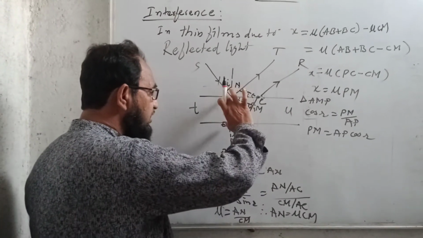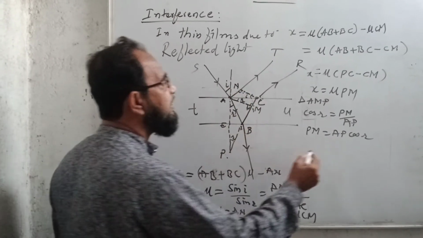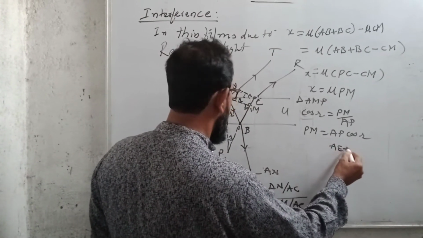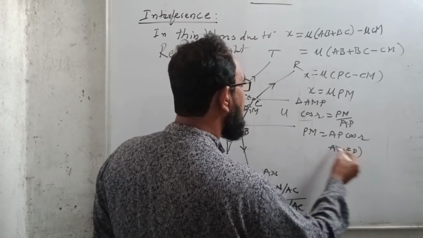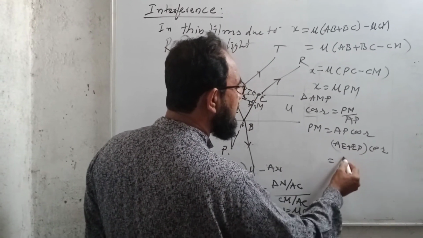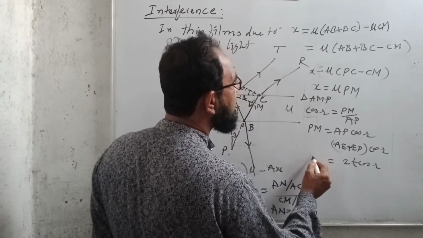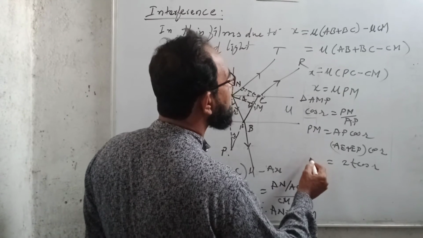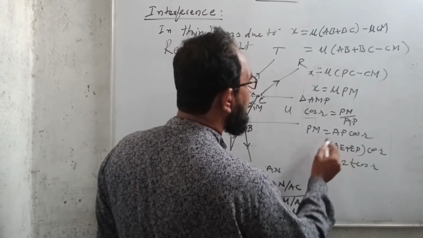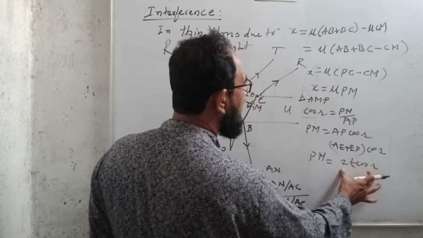This distance is the thickness of the film t up to AE. AP means AE plus EP, into cos r. This AE is also t, so it is 2t cos r. Sorry, it is the value of PM.